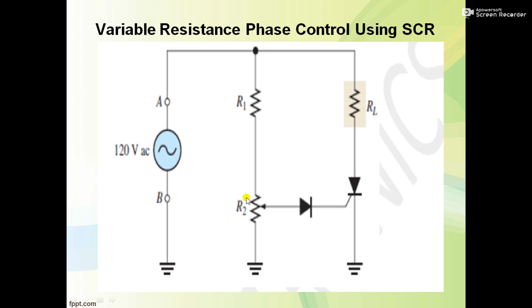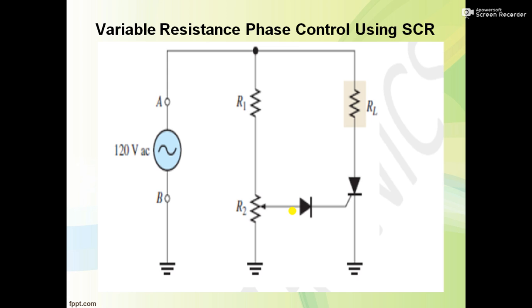Therefore, by changing the potentiometer R2, the point on the sine wave at which the SCR fires can be changed, and this makes it possible to change the average power delivered to the load resistor RL.